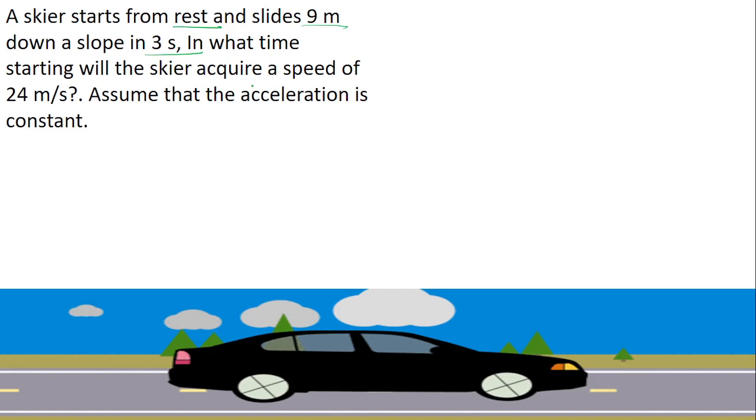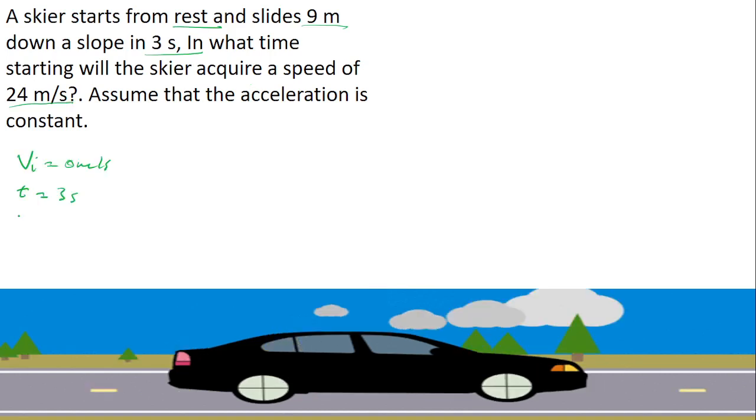Then the time is simply equal to 3 seconds. Then the distance, which I can write as x or y or s, is simply equal to 9 meters. The last one we have is the final velocity, which is 24 meters per second.